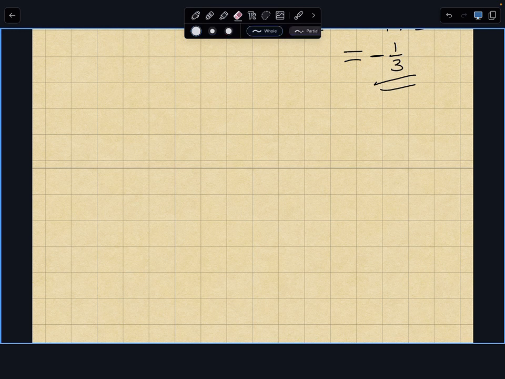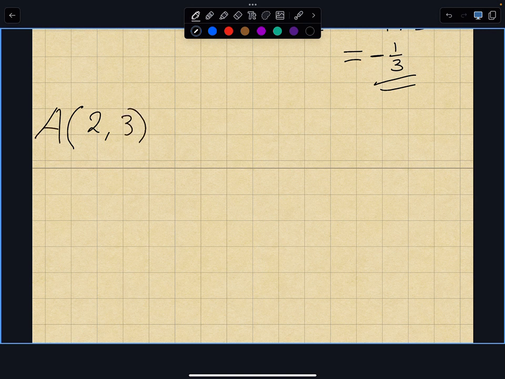The third one. You have a specific line. Let's make it ascending.